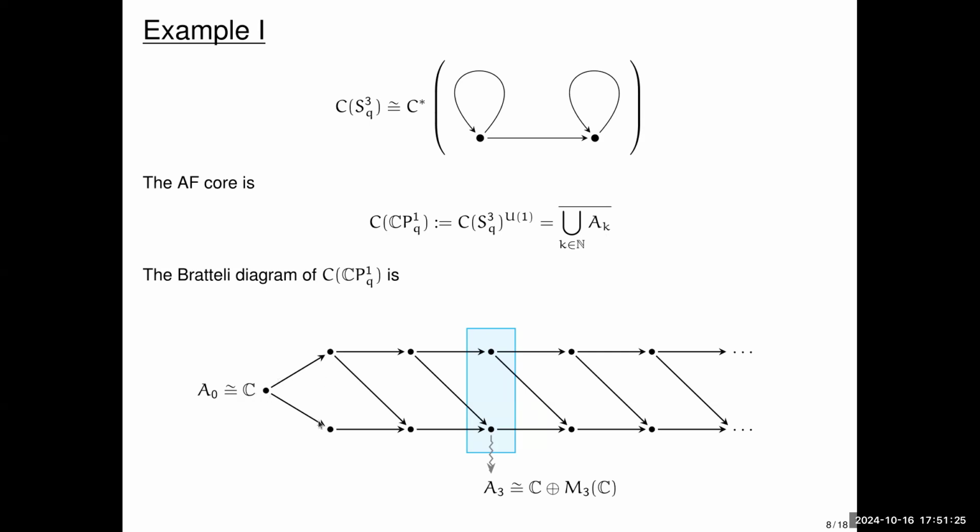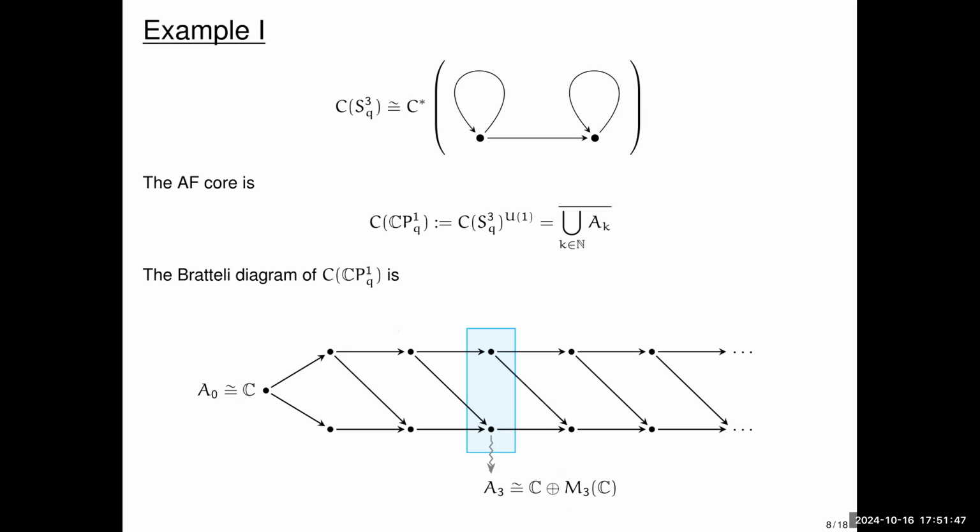And so these two are also C. Then here I have only one incoming arrow, so this C embeds here with multiplicity 1. This is also C, one dimensional, but this is two dimensional because I have an embedding on the diagonal of two complex numbers here. So this is 2 by 2 matrices. This is still C, and 3 by 3 matrices and so on.